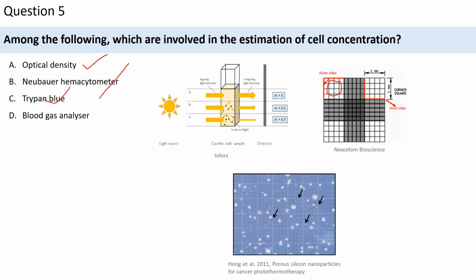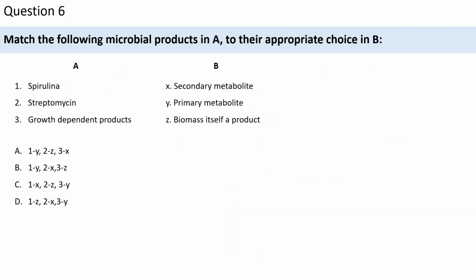Moving on to question 6. Match the following microbial products in A to their appropriate choice in B. Spirulina, streptomycin, with growth dependent products, secondary metabolite, primary metabolite, and biomass itself as a product.